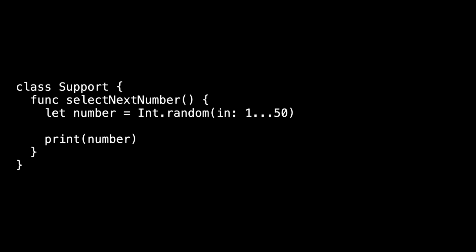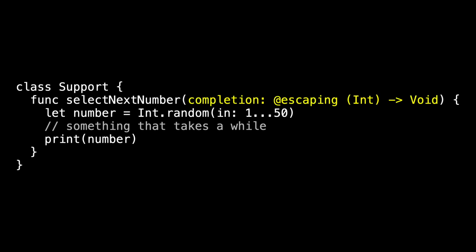So suppose selectNextNumber has something that takes a while between choosing the number and printing or returning that number. We don't want to freeze the UI, so we need something that returns without holding us up. One of the techniques that we know is to add a completion closure, which accepts an Int and returns nothing, and so that instead of printing the number, we apply the completion to the number.